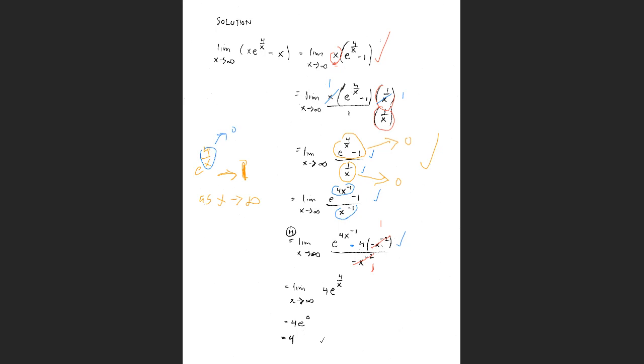So that's going to get me 4 times e to the power of 4 over x. And as x goes to infinity, 4 over x approaches 0. So you get 4 times e to the 0th power when you take the limit. Notice when I actually take the limit, I then drop the limit sign. I carry it all along in the problem until then. So I'm going to get an answer of 4 for my limit.